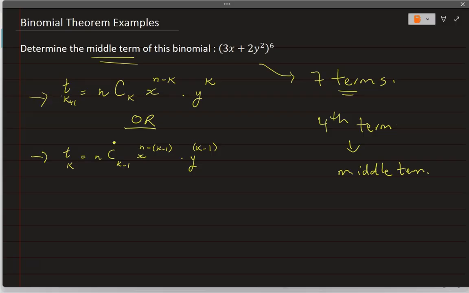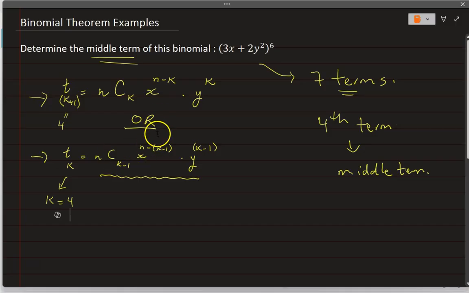If you're doing the k plus 1, the entire thing is 4. If you're using the T k formula, which is a little more complicated because you have to use the k minus 1 up here, then k equals 4. You don't have to change anything. But in the top one, k is 3, because k plus 1 would be 4.